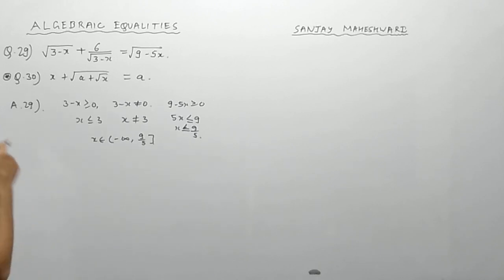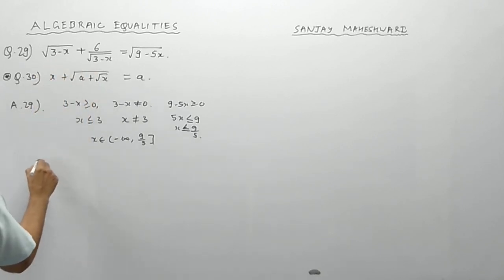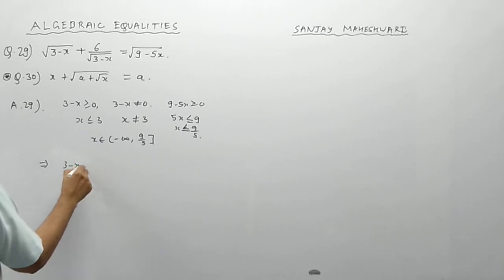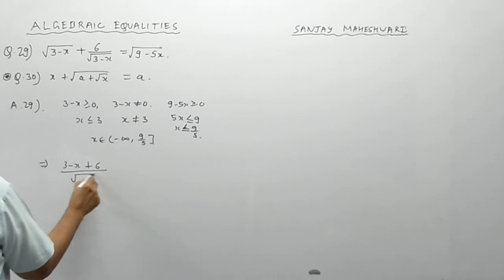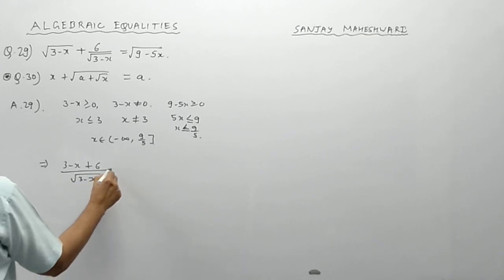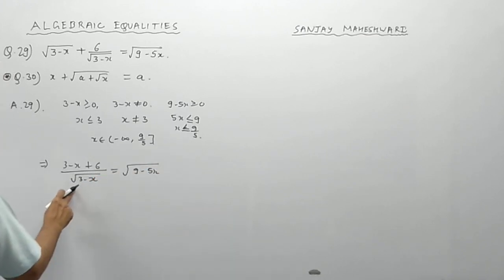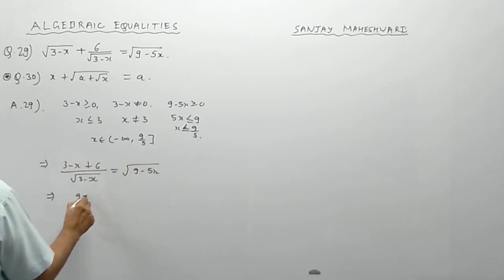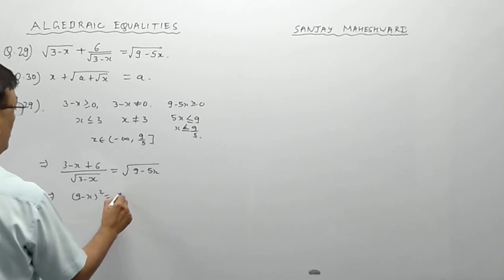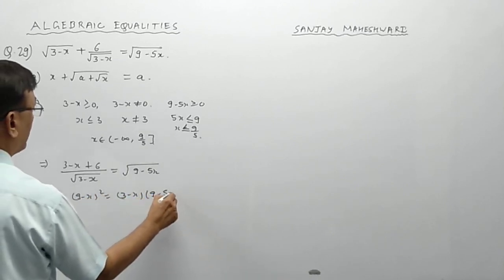So let us start by taking LCM. First we will take LCM. So we get 3 minus x plus 6 divided by root 3 minus x, 3 minus x is equal to root 9 minus 5x. Now we will take this to the other side and square it. So we are getting 9 minus x whole square is equal to 3 minus x into 9 minus 5x.